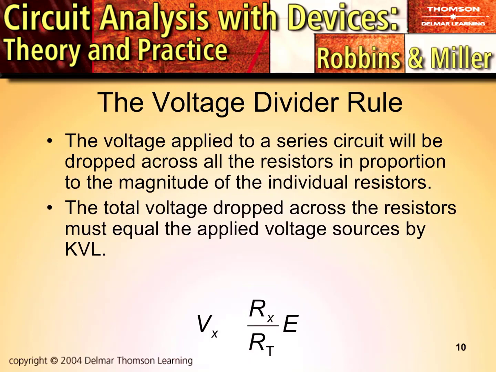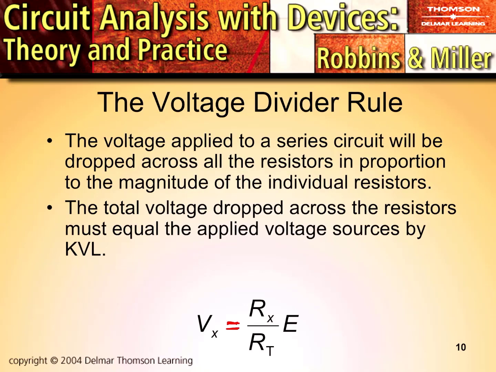So now we come to something called the voltage divider rule. Now I'm just going to add the equal sign that is missing in these presentations sometimes for some reason. So Vx equals Rx over R total times E.